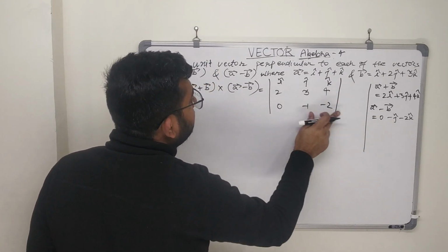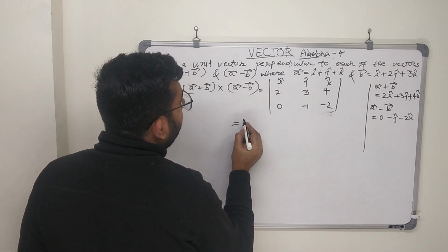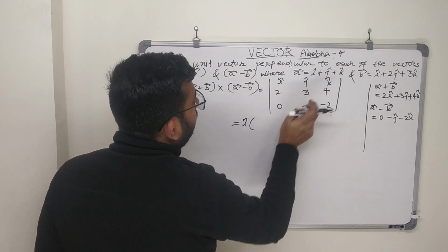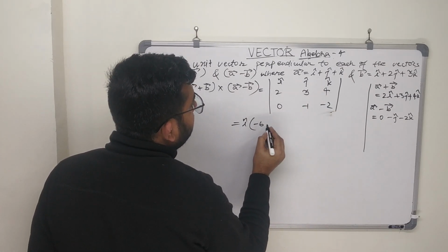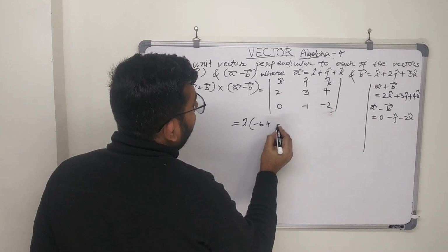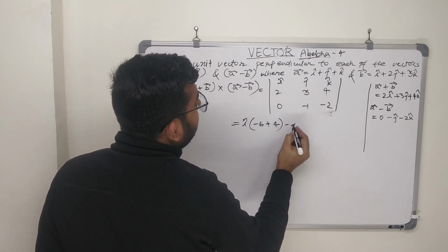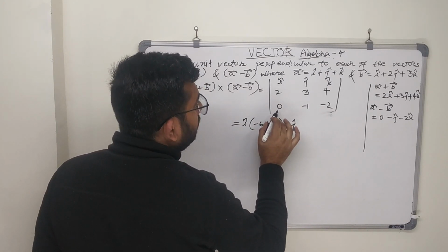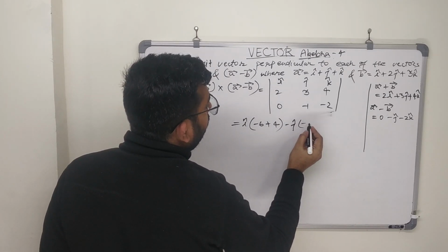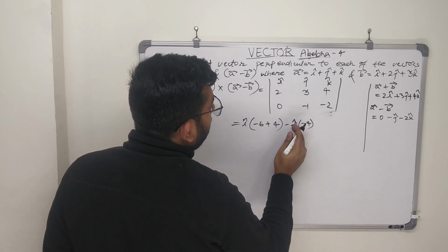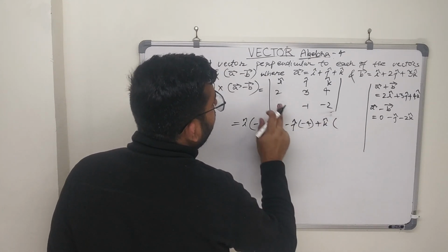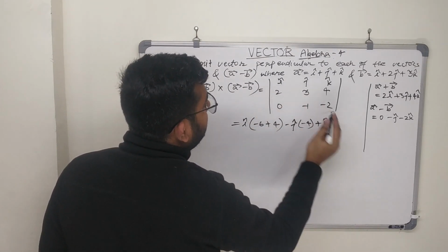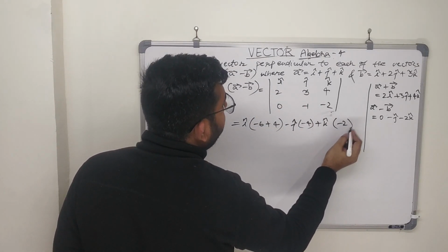So now calculating this will be equal to i cap into 3 into minus 2 minus 4 into minus 1, that is minus 6, minus minus plus, that is 4, minus j cap into 2 into minus 2 minus 0, that is minus 4, plus k cap into 2 into minus 1 minus 0, that is minus 2 again.